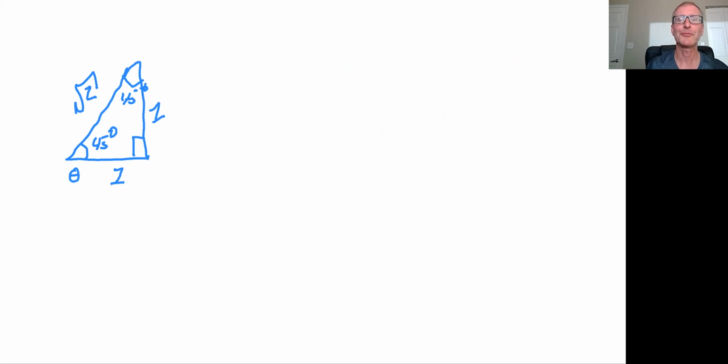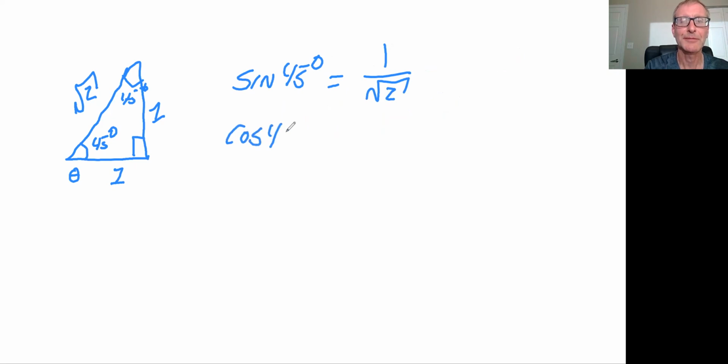So how are the three functions defined? Well, what is sine of 45 degrees? That's what we're calling theta here. Remember, sine is opposite, which is the 1, divided by hypotenuse, which is square root of 2. What is cosine of 45 degrees?